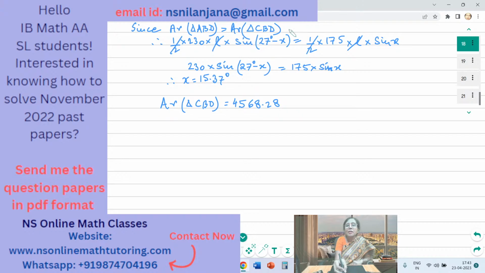Now this is the CBD's expression, and we have to find the L. So half times 175 times L times sine of 15.37 degrees is equal to 4568.28.